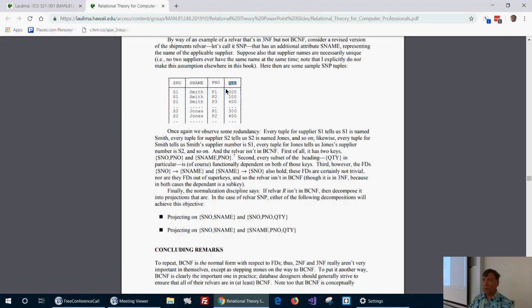It's in fourth normal because you have no non-key attributes that could be dependent on. If you have non-key attributes that are dependent on another non-key attribute, that means it's not third normal form.